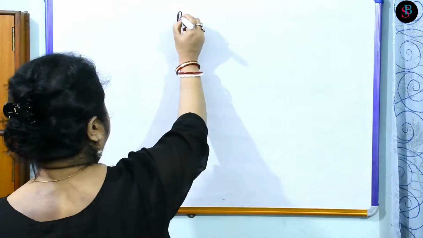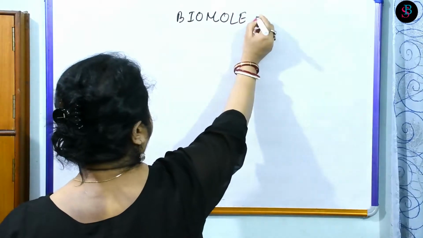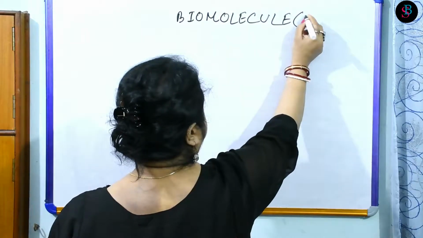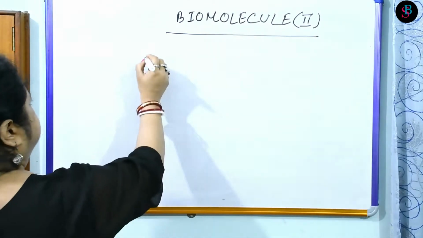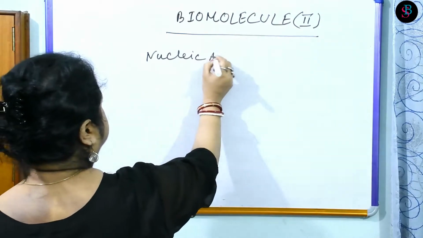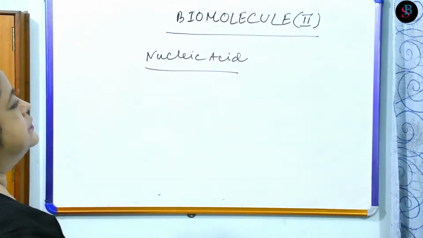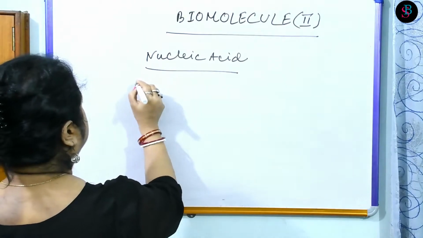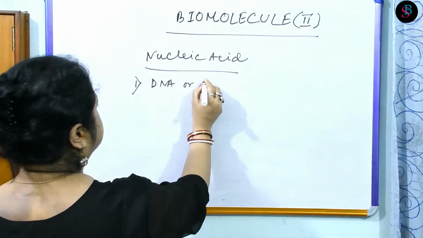So biomolecule 2. The main topic of this part is nucleic acid. We know that two types of nucleic acids are important. Number one is DNA or deoxyribonucleic acid, and number two is RNA or ribonucleic acid.